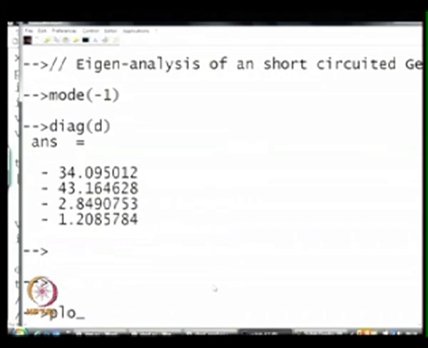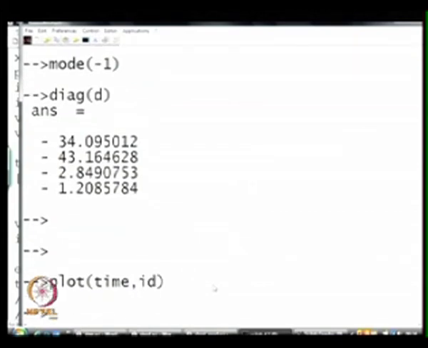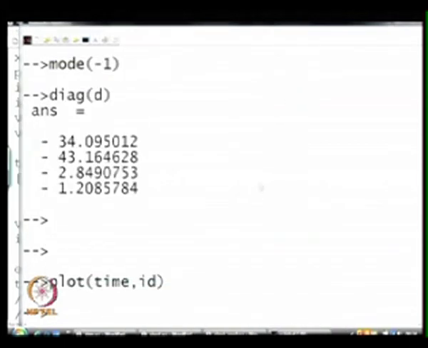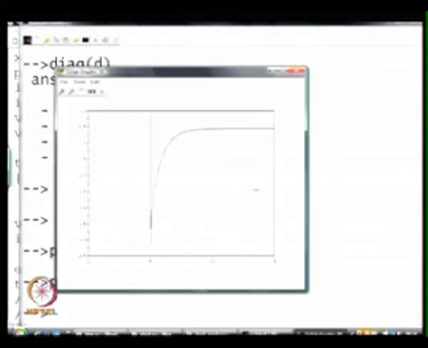And of course, if you plot, for example, time versus ID, this is the old figure, I will just redo it again. We get a response which is shorn of the oscillatory transient which we had seen earlier. We actually get the same response as before, but initially, recall, there was an oscillation of frequency omega b. Now, you do not see it.